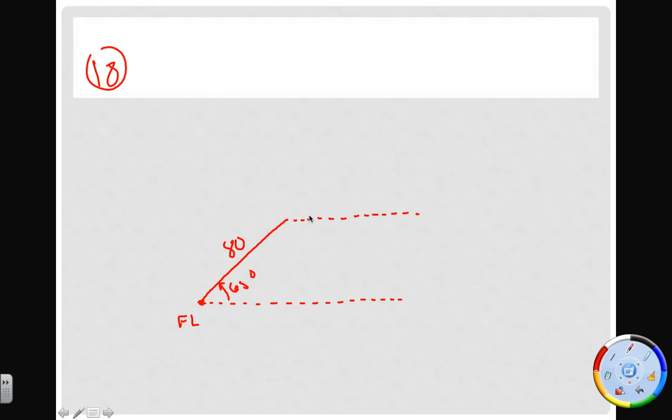So if I go 155, which is this over here, now I'm traveling this direction. Man, this one's a hard problem, huh? All right, so 155, and it travels for 4 hours at the same speed, so that's 160 nautical miles.